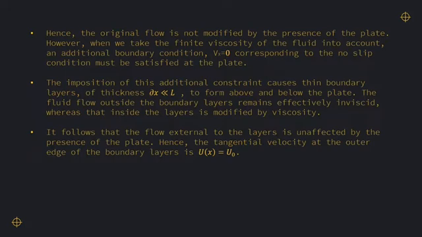The fluid flow outside the boundary layer remains effectively inviscid, whereas that inside the layer is modified by viscosity. It follows that the flow external to the layer is unaffected by the presence of the plate. Hence, the tangential velocity at the outer edge of the boundary layer is equal.